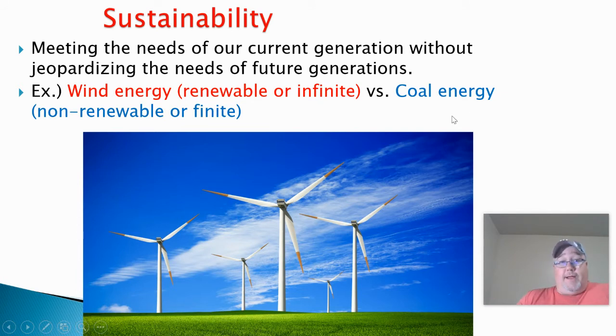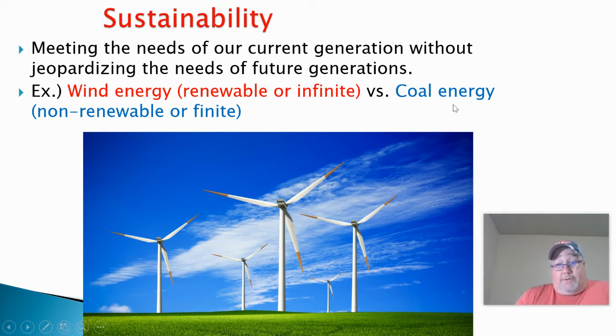Burning coal, generating electricity. That's an example of a non-renewable resource. We're going to run out of that. Coal is something you can't replant and have it grow back again. But we get most of our energy in this country from coal.